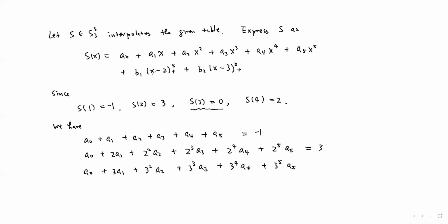Now this time, because 3 is greater than 2, the truncated power function is the normal power function. So 3 minus 2 to the fifth, so this is a plus B1. And then 3 is less than or equal to 3, so actually this is 0. So I get 0 in this equation.